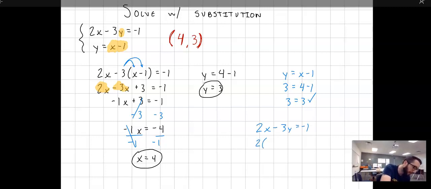So that's 2 times x, which is 4, minus 3 times y, which is 3, equals negative 1. 2 times 4 is 8, minus 3 times 3 is 9, equals negative 1, and 8 minus 9 is negative 1. So as you'll see, 4 and 3 works for both of them, so that is my correct answer.